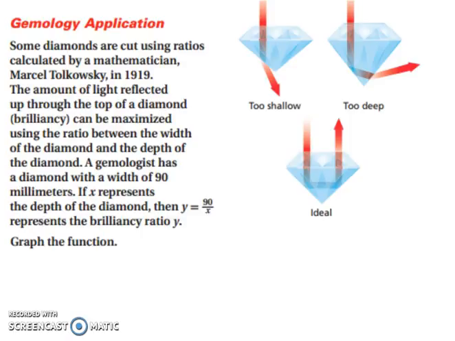A gemologist has a diamond with a width of 90 millimeters. If x represents the depth of the diamond, then y equals 90 divided by x is going to represent the brilliancy ratio, y. So let's try graphing this function.